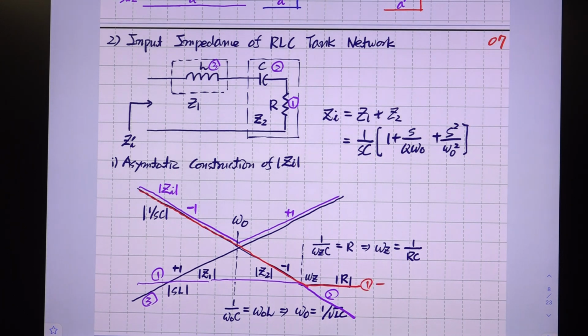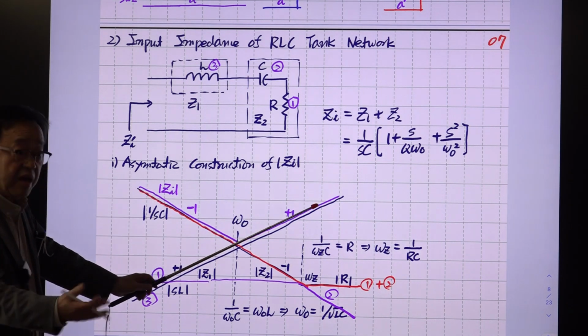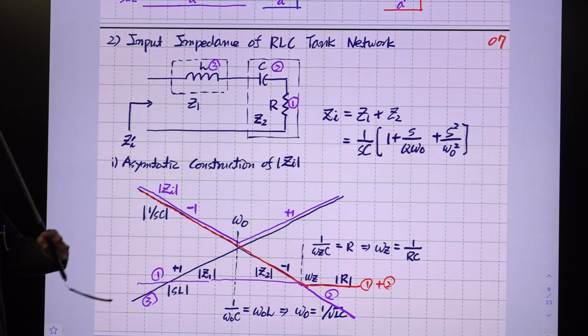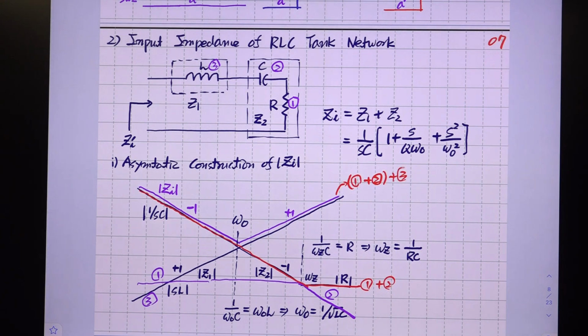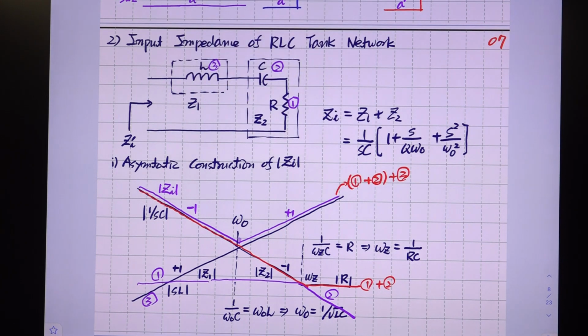This is 1 plus 2. All right. And we have another component, which is 3. So 1 and 2 and 3. Okay. We take the larger one because this is vector summation, and sum of two vectors will follow the larger one. Okay. So this final one is 1 plus 2 plus 3. All right. So this is the asymptote of our input impedance, which is this. Okay. This is good. Right.